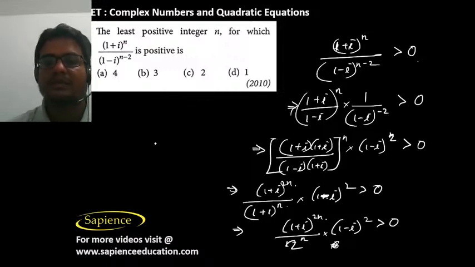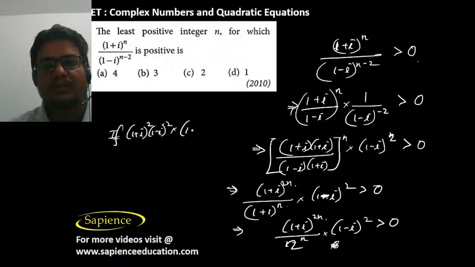So I can write (1 plus i) into (1 minus i) whole square into (1 plus i) whole power 2n minus 2 by 2 power n, that is greater than 0.